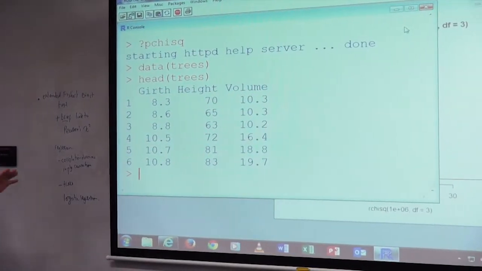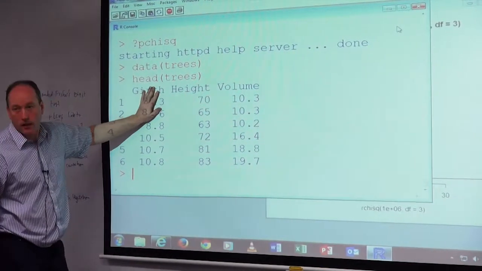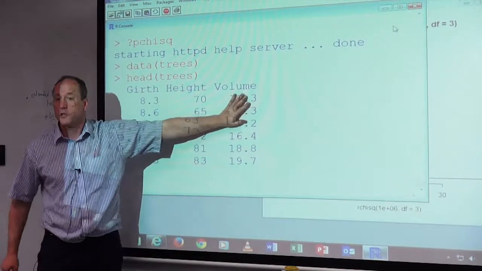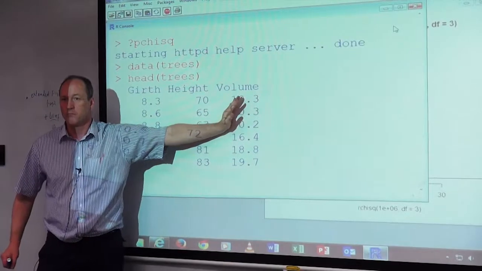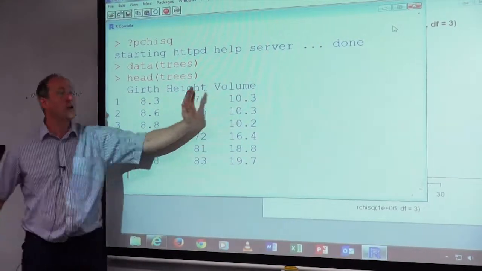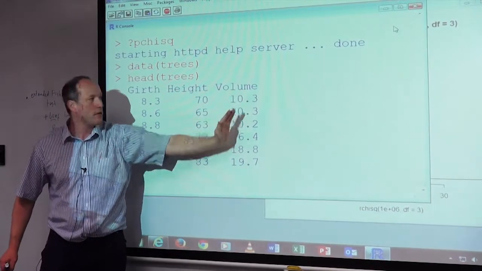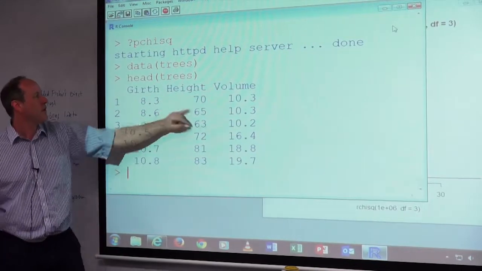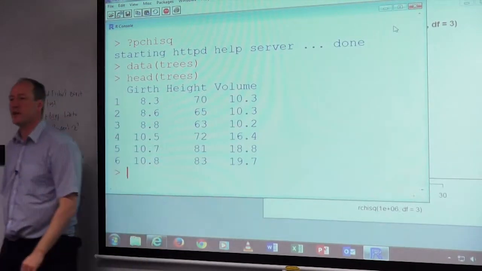Just thinking about causality, I think it's reasonable to say that a high girth tree has got a large amount of volume. The girth does cause the volume, doesn't it? I think it's reasonable to say that the height does cause the volume to increase. I don't think the volume affects the height. I think these two things cause the volume. That's a reasonable thing to say.